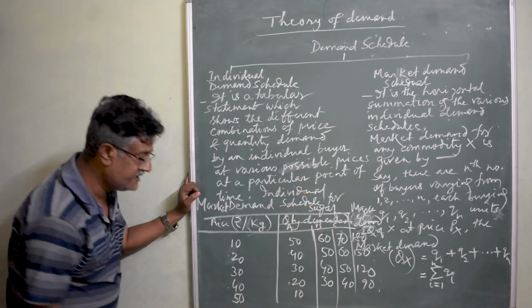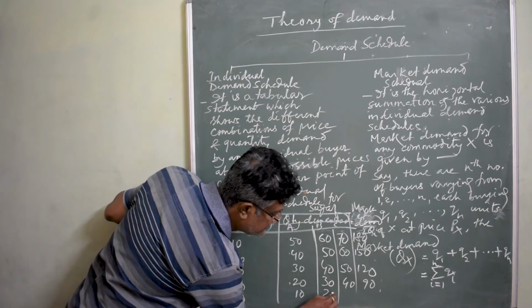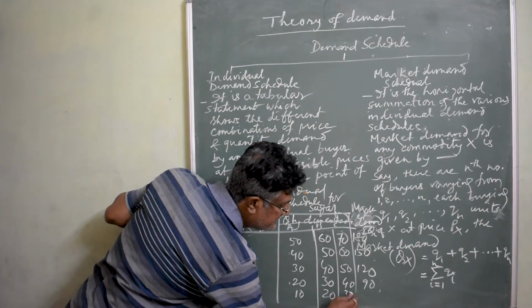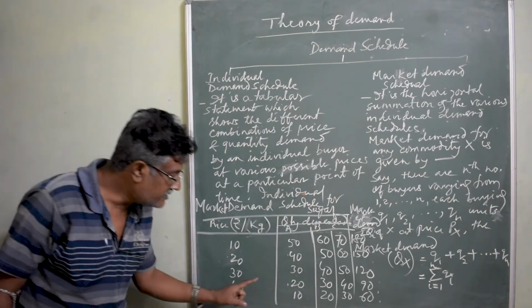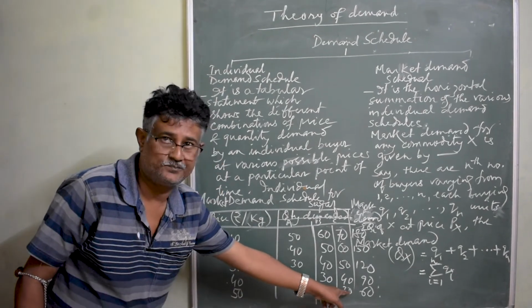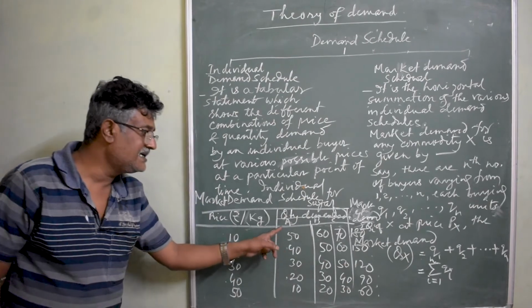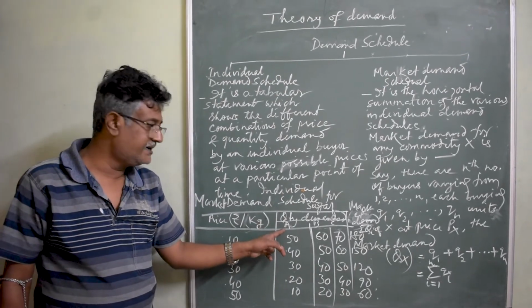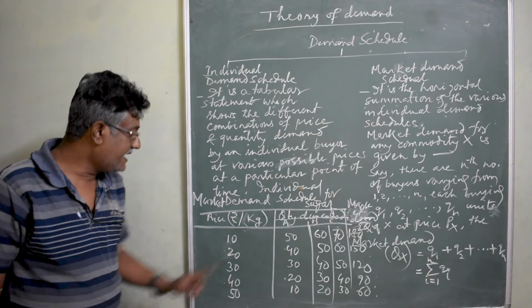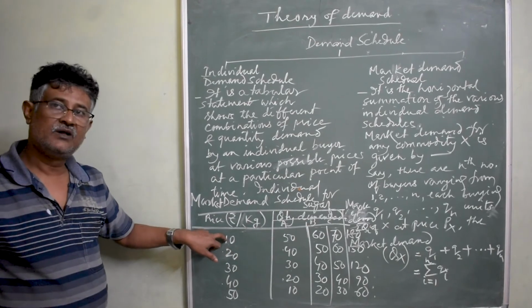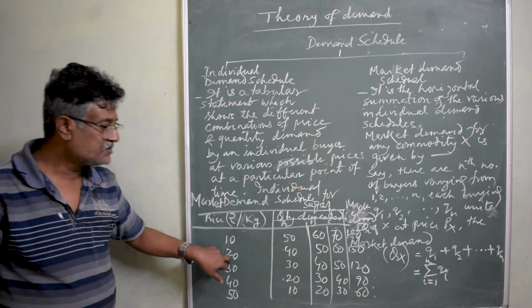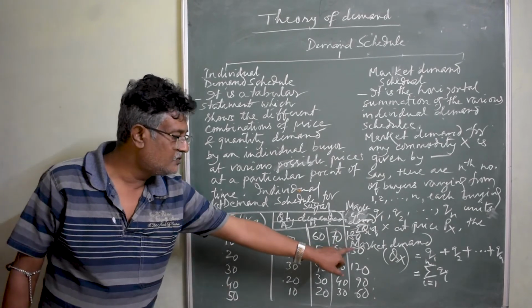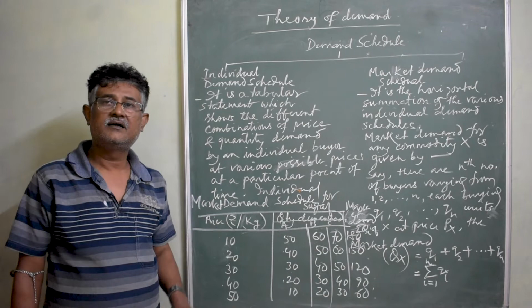When the price is 50, A is buying 10, B 20 and C 30 kgs, so the market demand is 60. So by horizontally summing up the various quantities bought by individual buyers A, B and C at price 10, 20, 30 and so on, you get the market demand for the commodity.